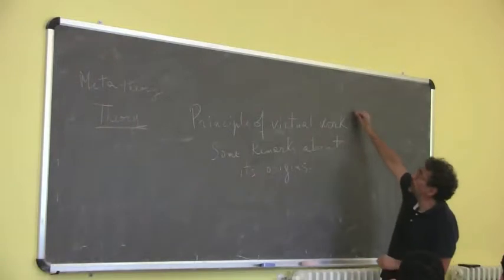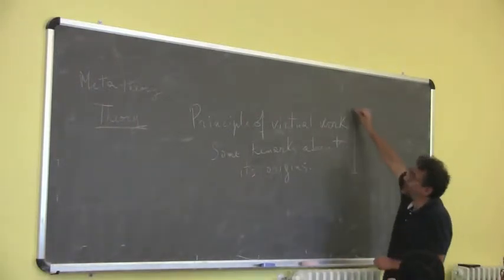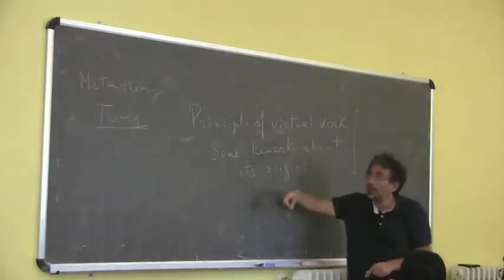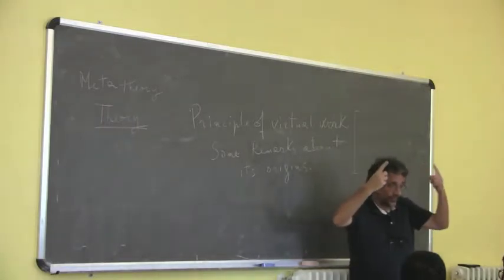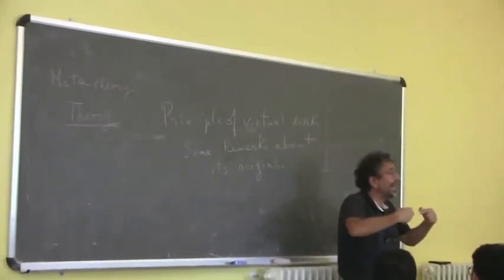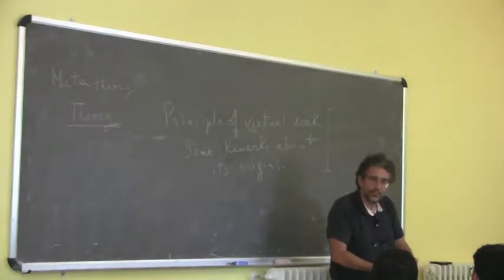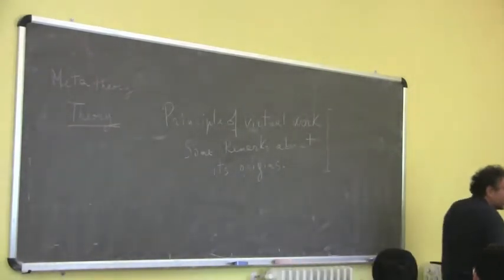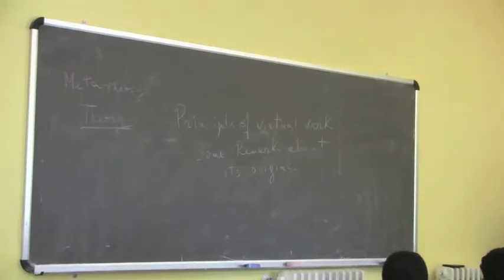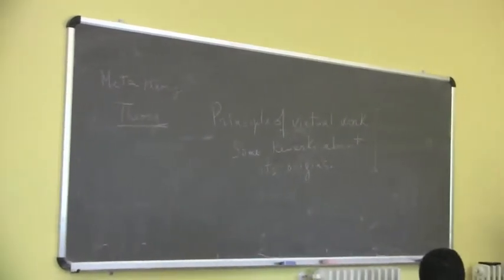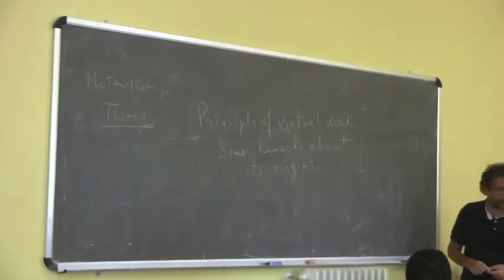The subject of the lecture today is a theory which is teaching us how to build theories. Okay? So it gives us the basic ideas for learning how to build theories.